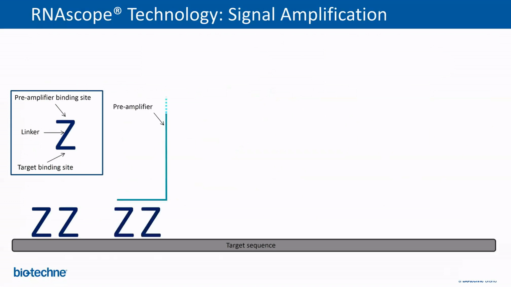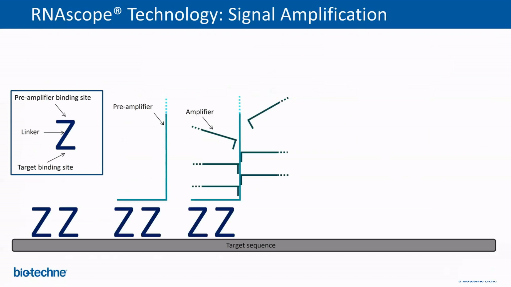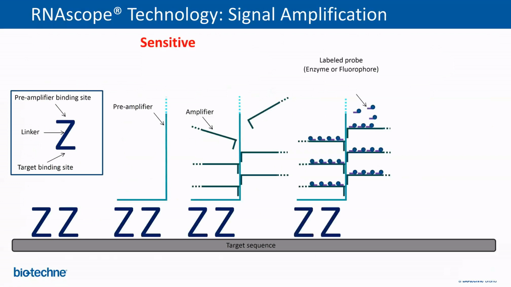As I just mentioned, the pre-amplifier would bind the upper region of the double-Z probe, followed by amplifiers binding to this pre-amplifier, which is going to generate an amplification tree. And finally, you can have a labeled probe, which would be an enzyme or a fluorophore to detect the signal.